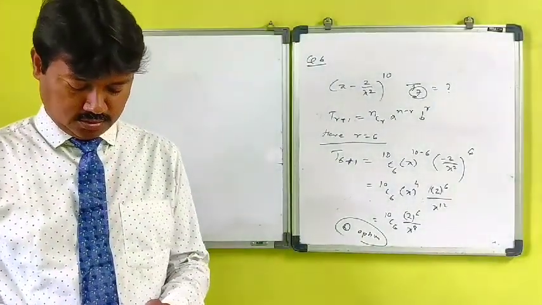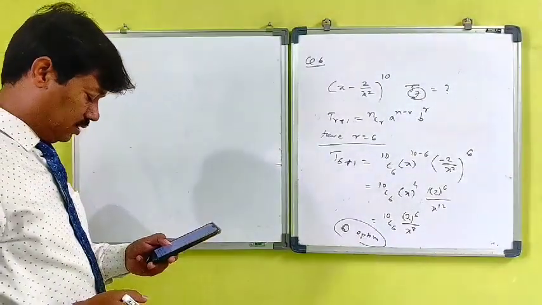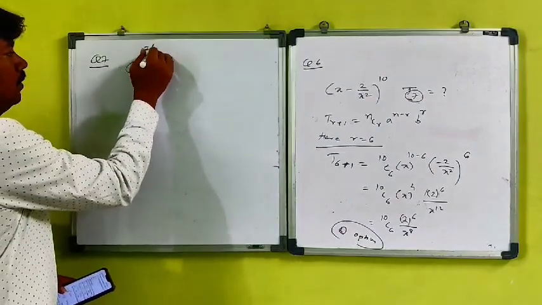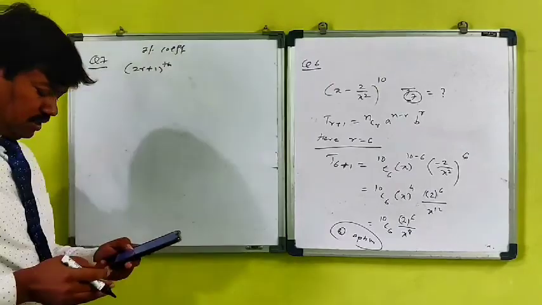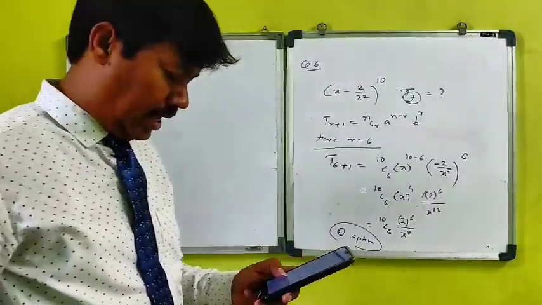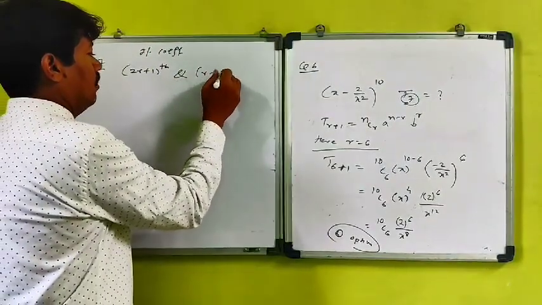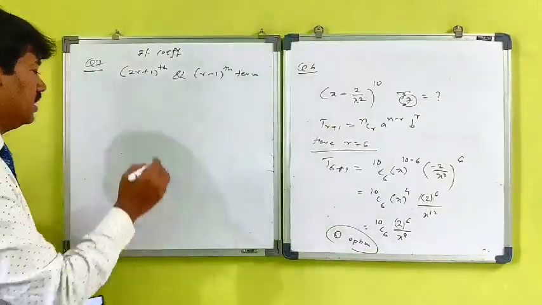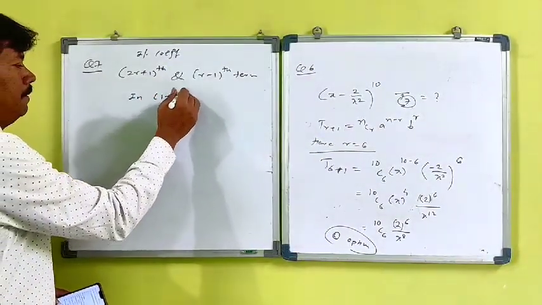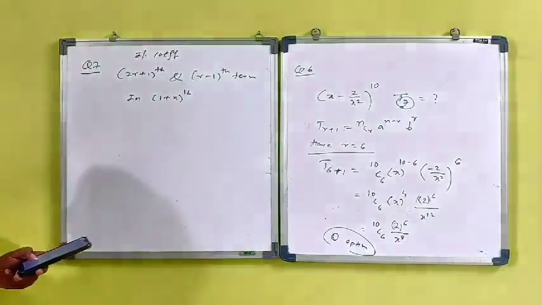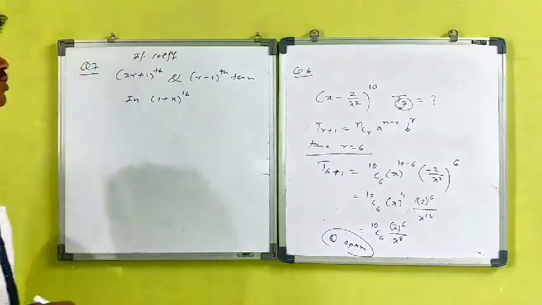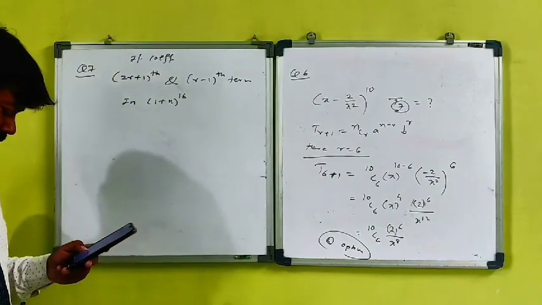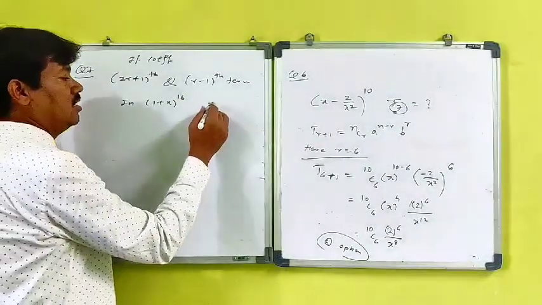Question 7 is, if the coefficients of the 2r plus 1 term and the r minus 1 term in the expansion of 1 plus x raised to 16 are equal, then what is r? Both coefficients are equal. So what is r? The r is equal to what?